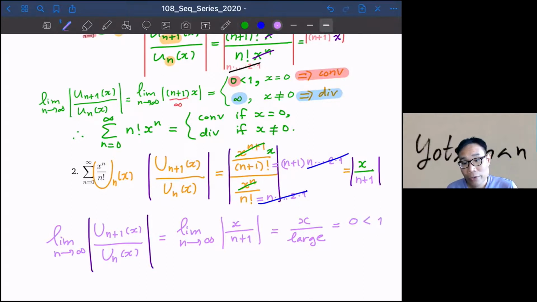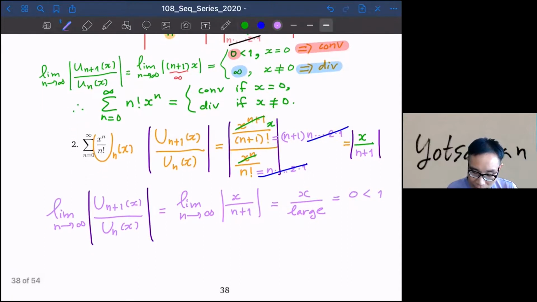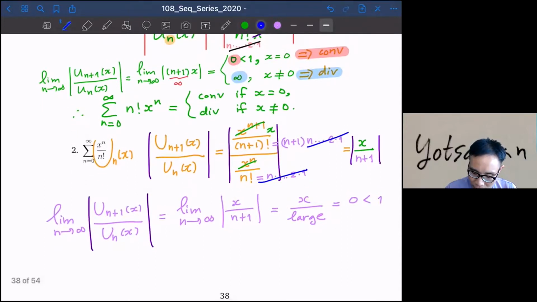Okay, so this one, x turned out to be constant, x does not vary, it's going to be a fixed x. So you don't think about x being anything, x is only x, and it's going to be a constant over something large, so it's going to become 0, and it's going to be less than 1. So when you have the limit less than 1, the conclusion here is going to be convergence.